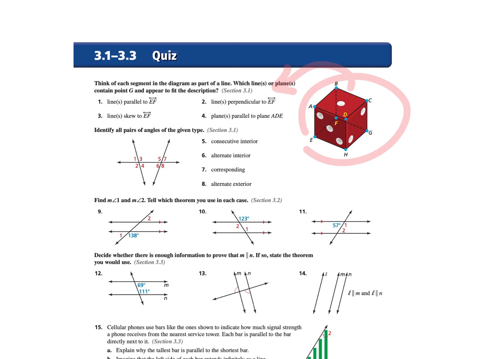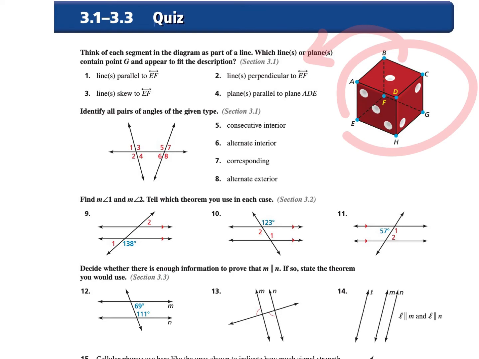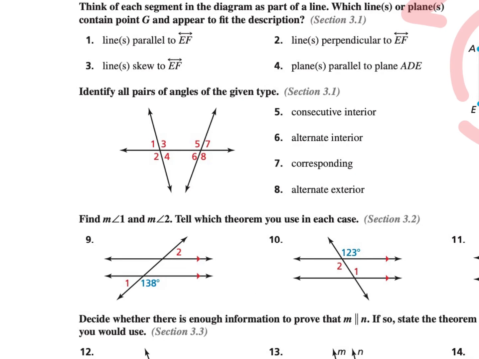Then also be able to identify angle pairs. So for example, instead of them asking you to list all the consecutive interior, what I'm going to do is I'm going to say, what are angles 1 and 8? And then you should be able to tell me that these are alternate exterior. Or if I said, what are angles 3 and 7? You should be able to tell me that they're corresponding. So be able to identify all of these special angle pairs.